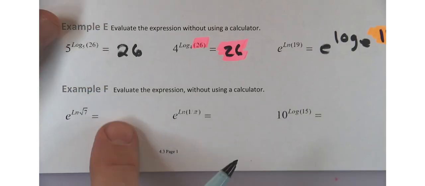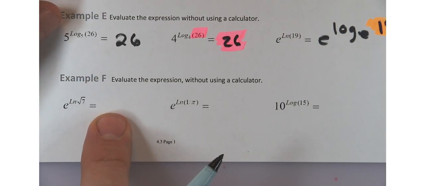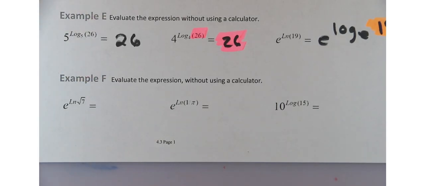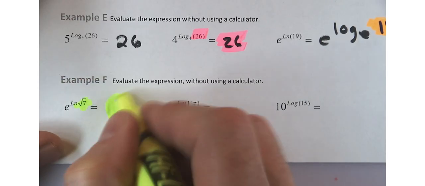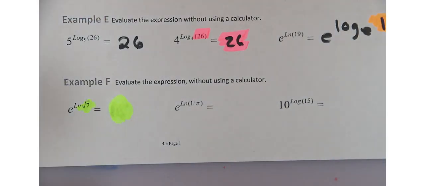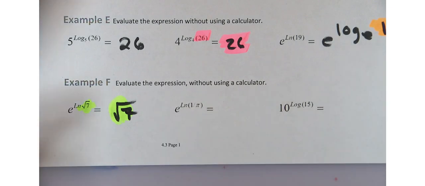Olivia, how about the first one? Yeah, nice. Square root of 7 and square root of 7. Great. Those operations cancel each other out. Opposite operations, looking good there.